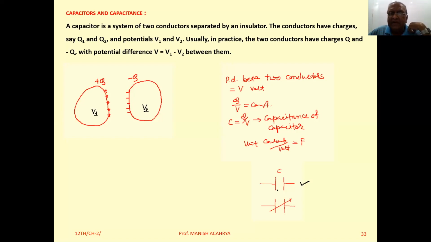Okay, and when an arrow is made on these two parallel lines, it suggests that this capacitor is a variable capacitor. If the arrow is not there, it implies that the capacitor has a fixed value.